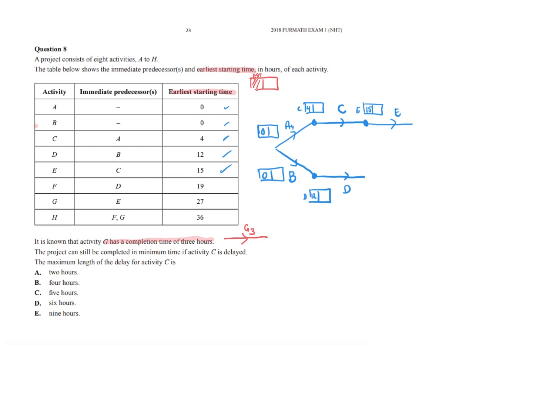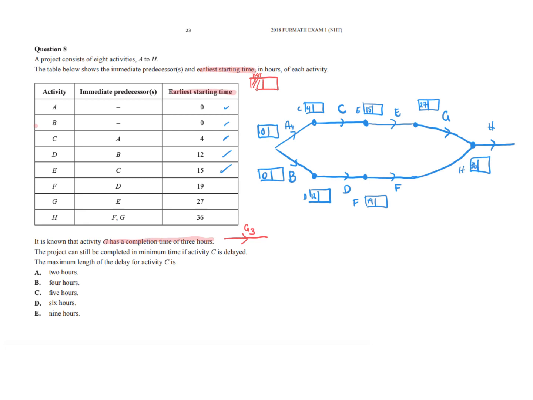And F comes after D, so I've got F, and F has the earliest starting time of 19, and then G comes from E, so I've got G, and the earliest starting time for G is 27, and then H comes from F and G, so I'll pop that in there. I've got H, and I know the earliest starting time for H is 36.